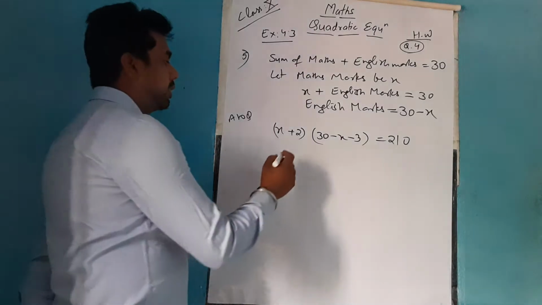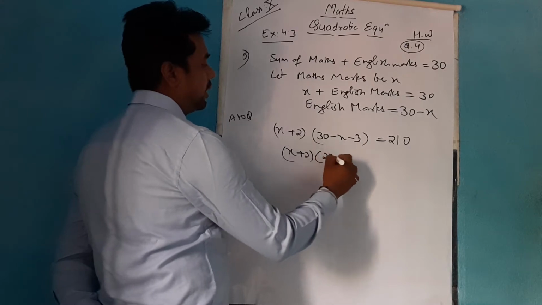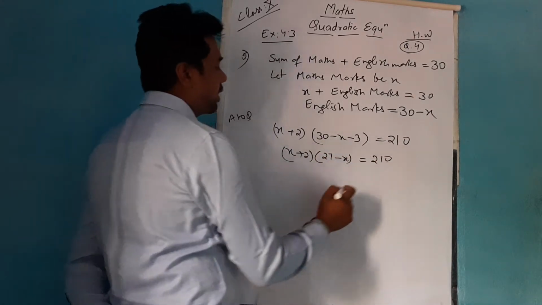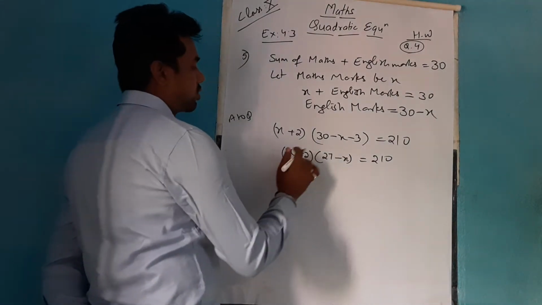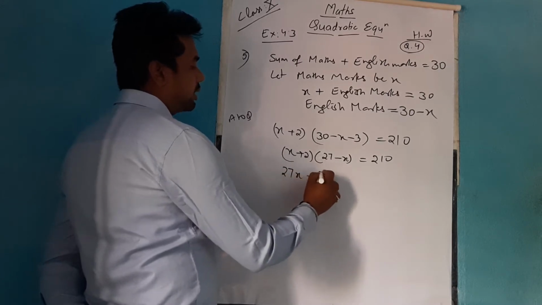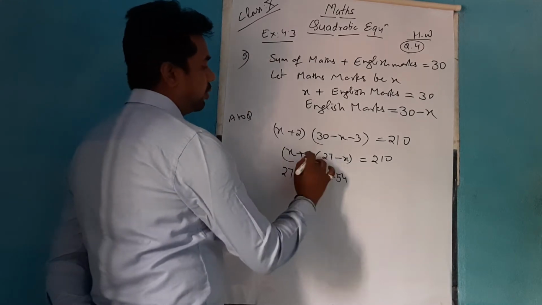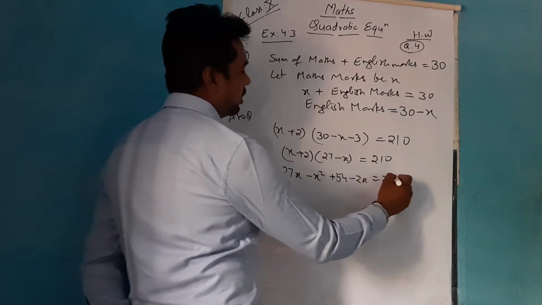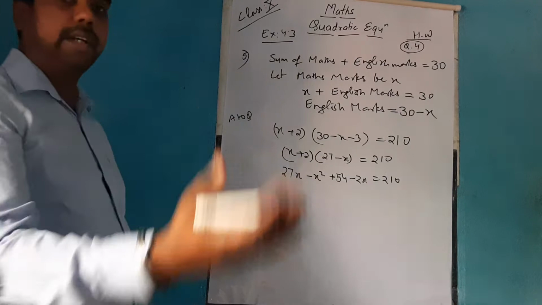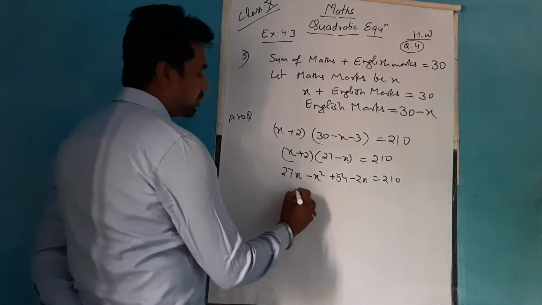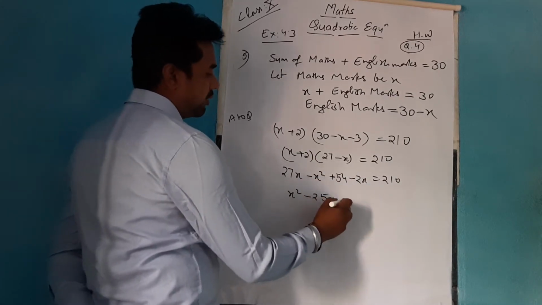Let's convert it into the form of a quadratic. So this becomes X plus 2 times 30 minus 3, which is 27 minus X, equals 210. Now again we'll open the brackets, multiplying binomial with binomial. First we multiply X with both the terms. So that becomes 27x minus x square, and 2 into 27 becomes 54, and 2 into x becomes 2x, equals 210. Now making x square positive, sending everything to that side, this becomes x square, 27 minus 2, 25, goes to that side and becomes minus 25x.